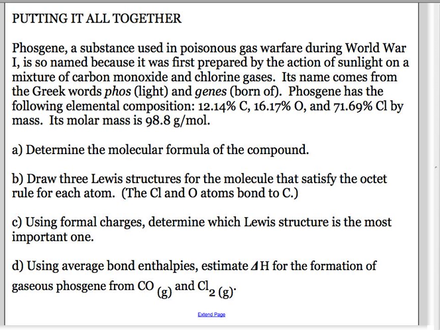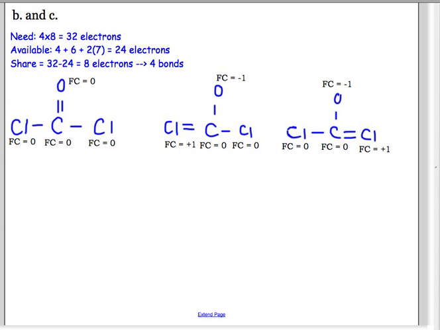They just said draw 3 Lewis structures for the molecule that satisfy the octet rule. So they're telling you it's not hypervalent and it's not electron deficient. All you have to do is draw them. Then C is to figure out which one is the most important. So I found the formal charge, FC, for each of these.